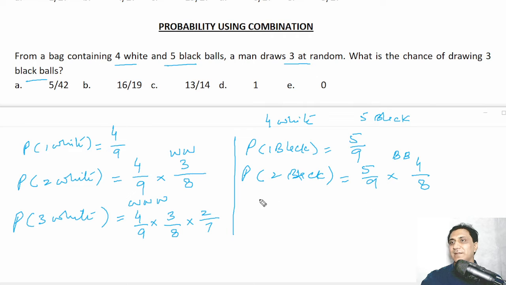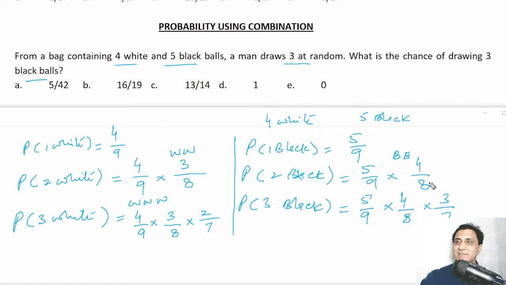And similarly for 3 blacks, as the question asks, 3 black balls will be 5/9, 4/8, 3/7. Let's solve this one, because we were supposed to solve this question here.